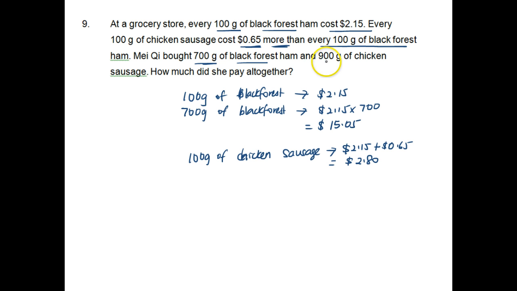So she wants to buy 900 gram of chicken sausage. It will be $2.80 times 900.